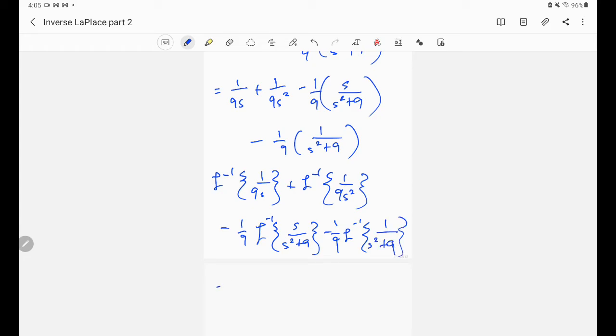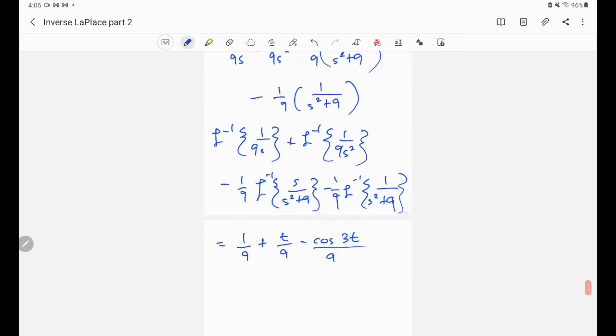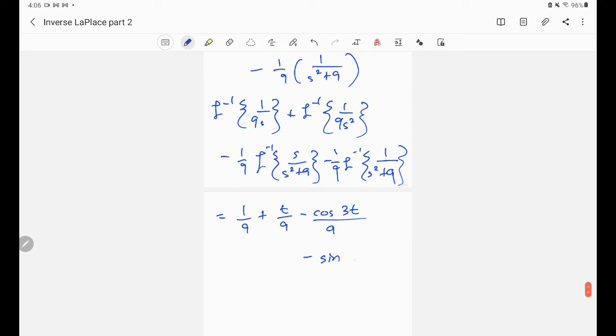That will give you the answer of 1 over 9 plus t over 9 minus cos 3t over 9 and minus sin 3t over 9.